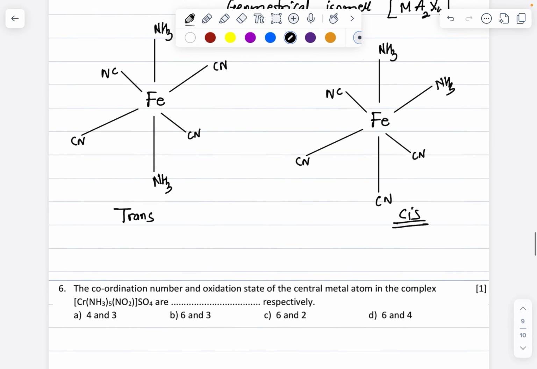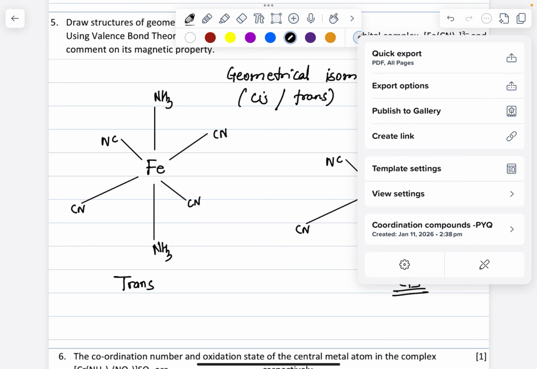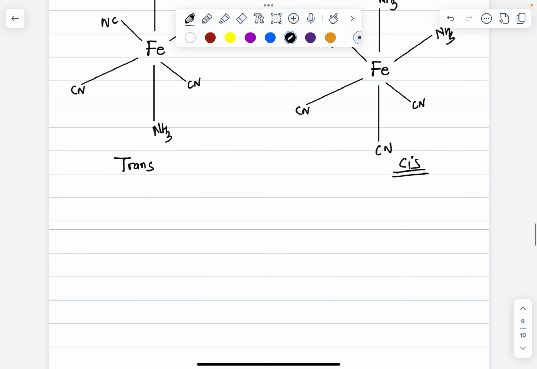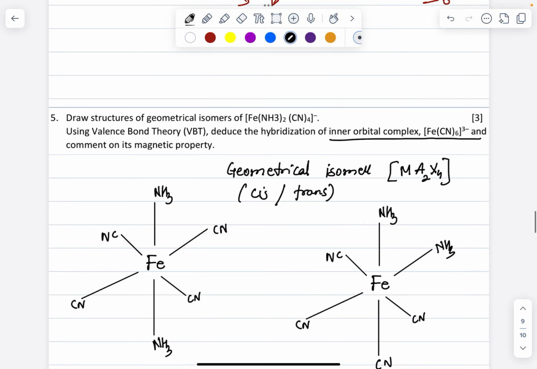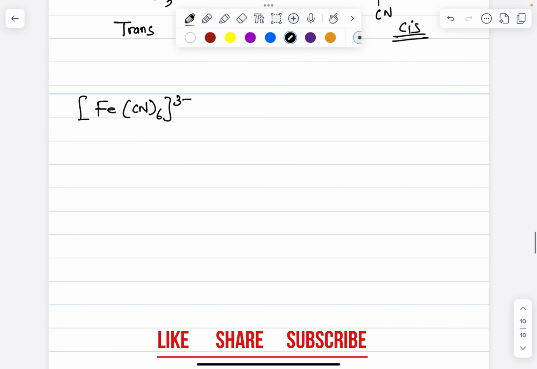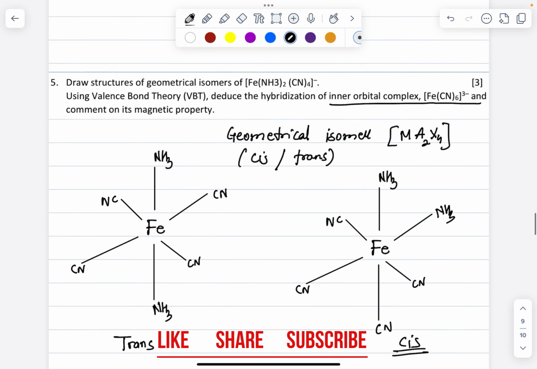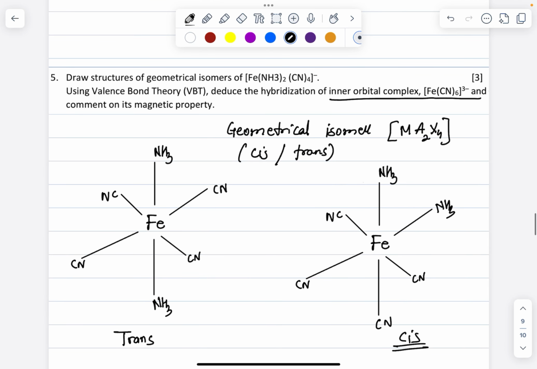So the complex given is [Fe(CN)6]3-, right? You need to find the hybridization.